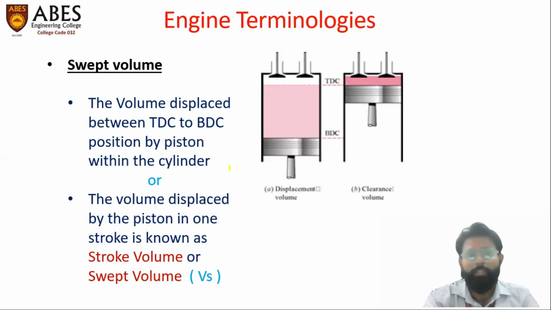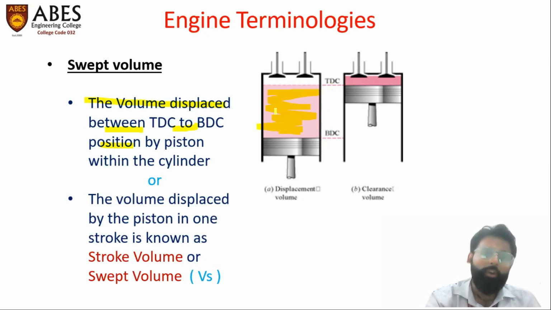Now, the third terminology is the swept volume. That means the volume swept by the piston, the volume displaced between the TDC and BDC positions. That is the volume highlighted in pink in this diagram. This volume is called swept volume because it is swept by the piston from TDC to BDC, so it is the volume displaced by the piston in one stroke.